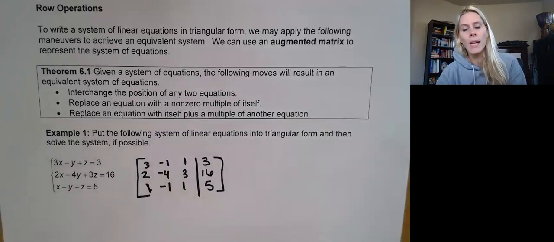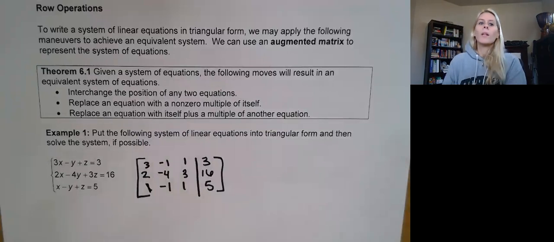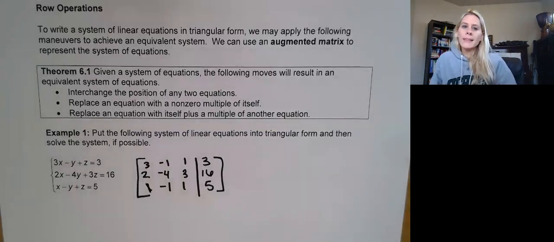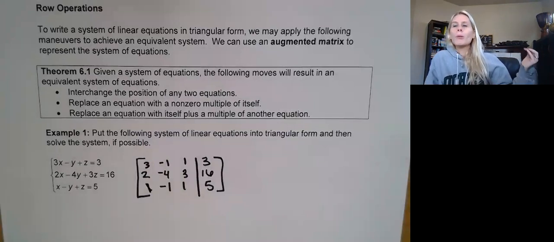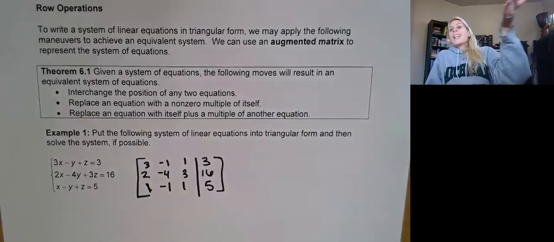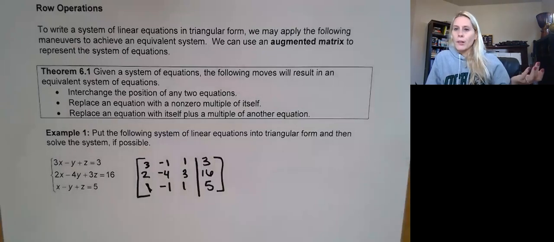So when we do this now, there are a couple moves that will help us make this triangle formation, okay? The first thing is interchanging the position of any two equations. What does that mean? I'm going to switch the rows around to make it easier on myself. The other one is replace the equation with a non-zero multiple of itself. So that's what we were doing when multiplying an equation by 2, so that we can then eliminate it with another equation.